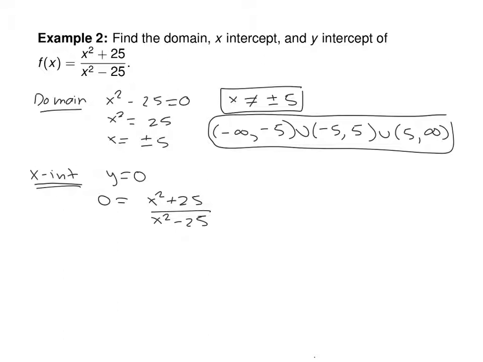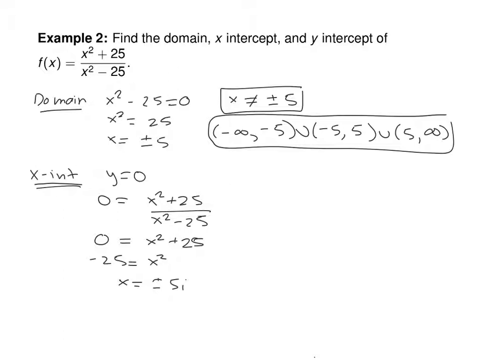So what happens when you multiply the x squared minus 25 over? x squared minus 25 equals x squared plus 25. I think you get 0 equals x squared plus 25. Oh, yeah, 0, yep, okay. And then you get minus 25 equals x squared. And we're talking about real number intercepts, not imaginary ones. So this would be x equals plus or minus 5i, right? Yes?